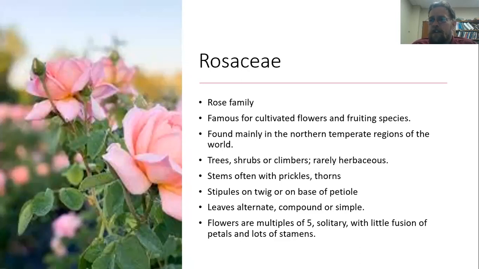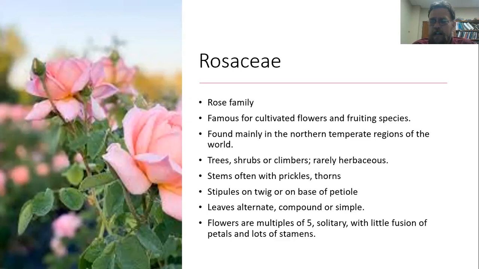There's a lot of diversity in the growth habits of these plants. A lot of them are trees, but also shrubs and climbers. Often they do have thorns. Of course, we can think of the rose plant with that, but we also have a lot of experience with some of our fruiting plants having thorns.